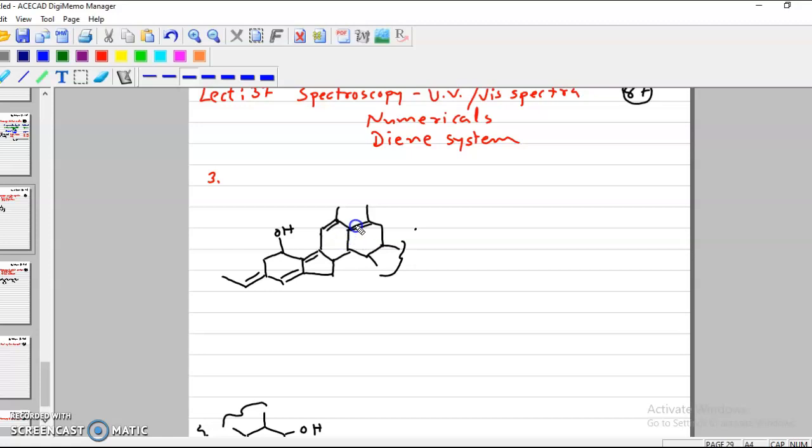Now second is heteroannular. Here you can see these two double bonds are in different rings. Even these two double bonds are in different rings. But here one double bond is out of this ring, one double bond is inside the ring, and it is called acyclic or non-cyclic or open chain Diene system. For heteroannular Diene system, the base value is 214, and for open chain Diene system, we have base value of 217.